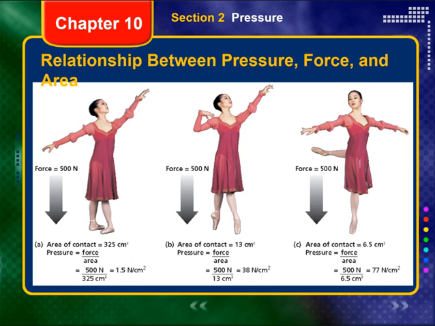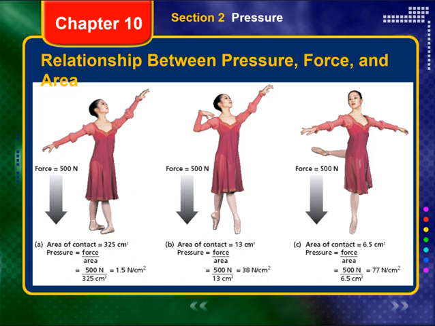We're actually talking about the bottoms of someone's feet. So if that 51 kilogram person at the Earth's surface exerts a force of about 500 newtons, and all that 500 newtons is being exerted onto the ground through an area of about 325 square centimeters, the pressure that she is exerting on the ground is about 1.5 newtons per square centimeter.